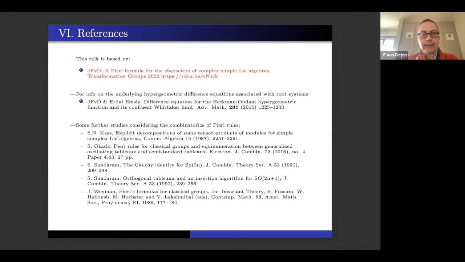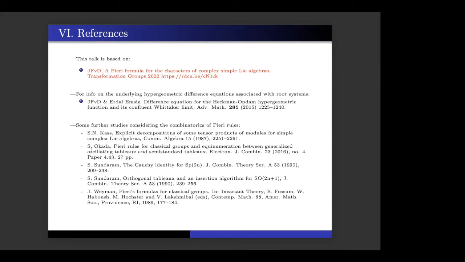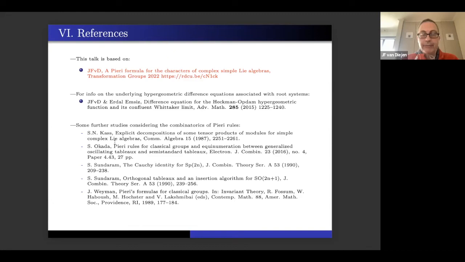For quasi-minuscule, too. So the advantage of the present formulas is that you can go beyond this, and then especially for the classical root systems, this works out very well.